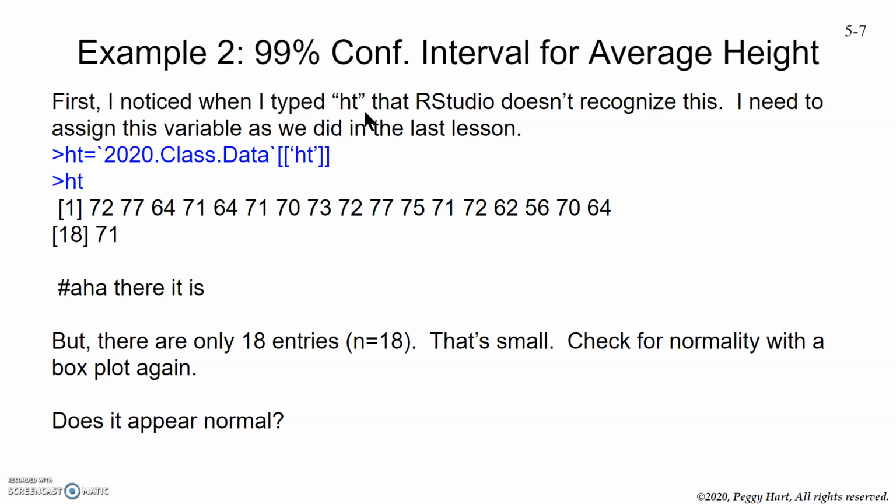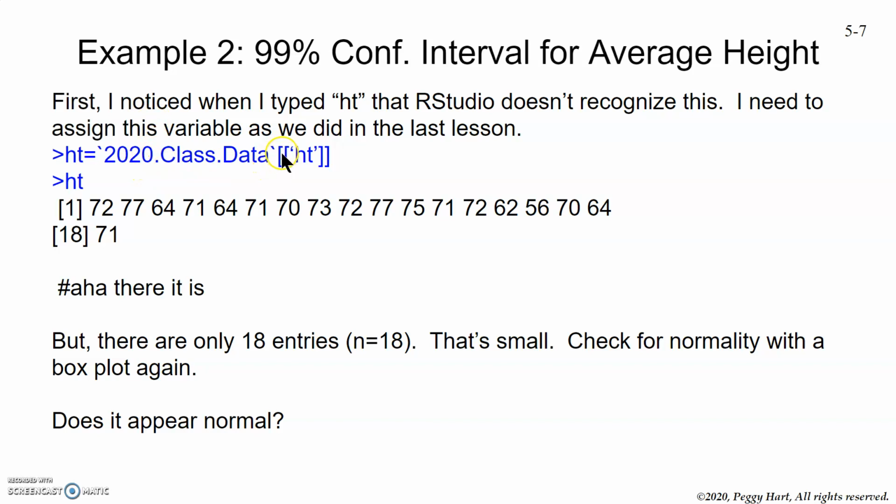So I had to assign the variable in a different way, like the way that we did in that other lesson, okay? This is what I want to call it, HT, and then this equals this. What this is doing is saying, okay, look at the 2020 class data. I start typing 2020 and this will pop up and I just click on it.